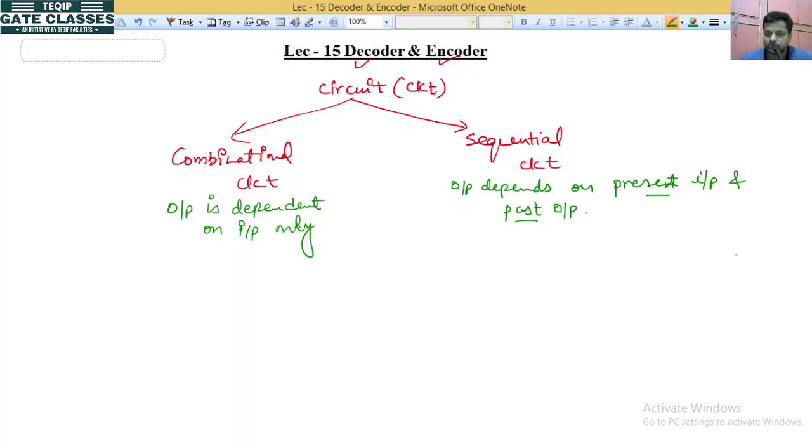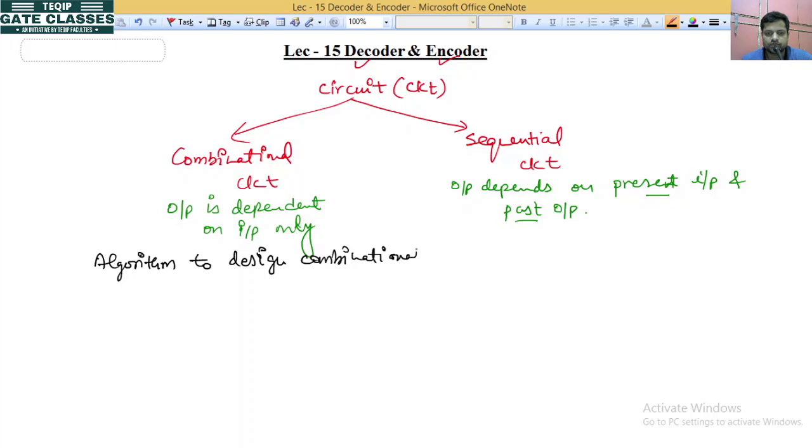So now how can we design a combinational circuit? The algorithm, or you can say the steps, to design a combinational circuit.